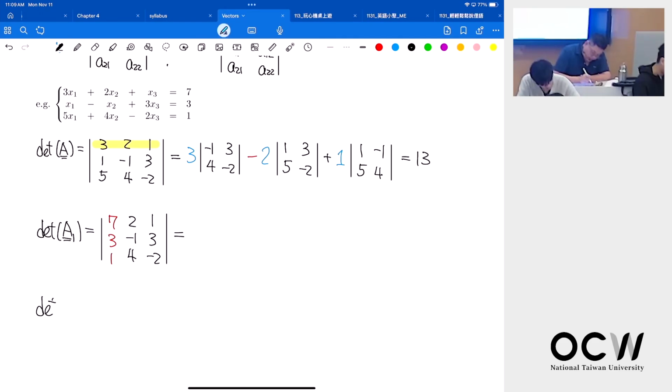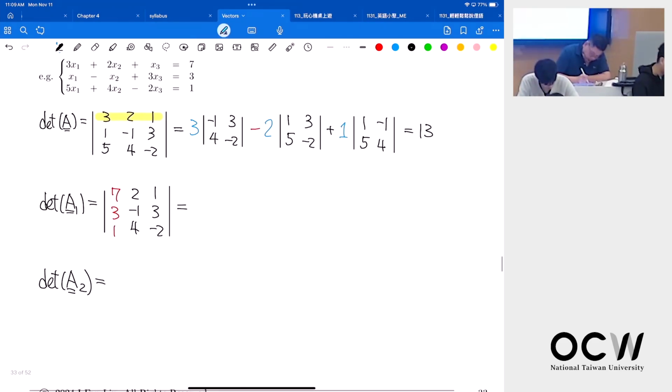Determinant A2: in the second column, I will substitute the B vector 7, 3, 1 into the second column.